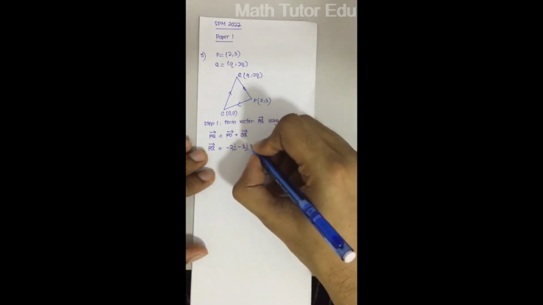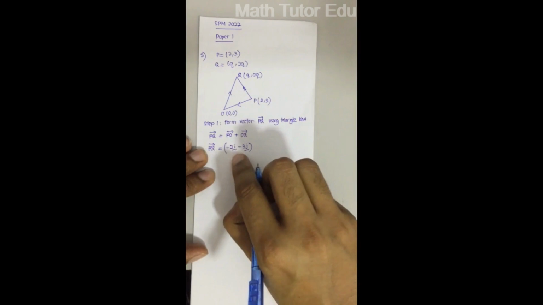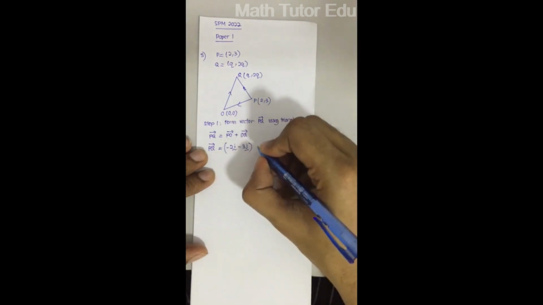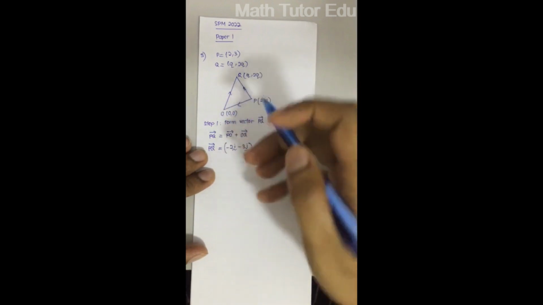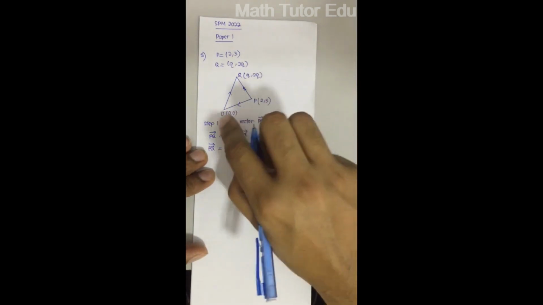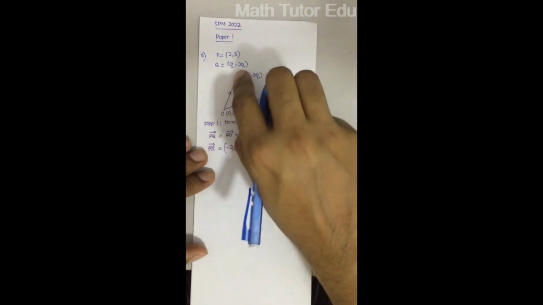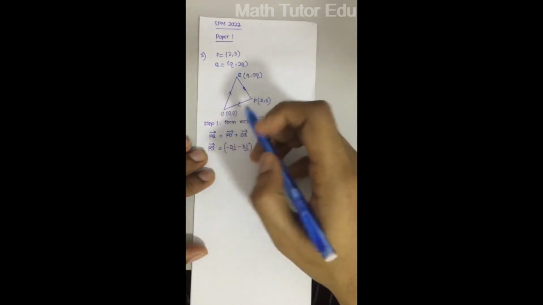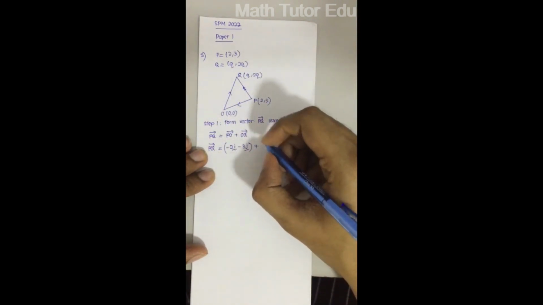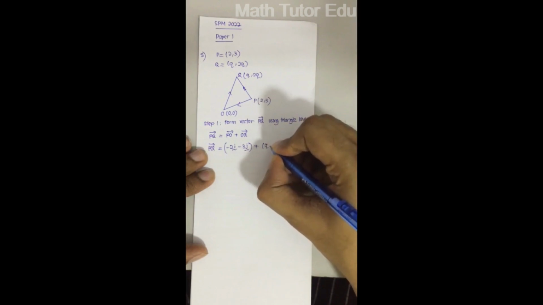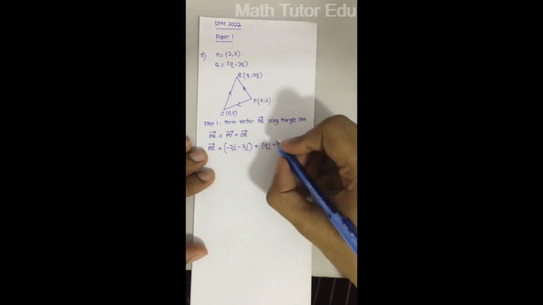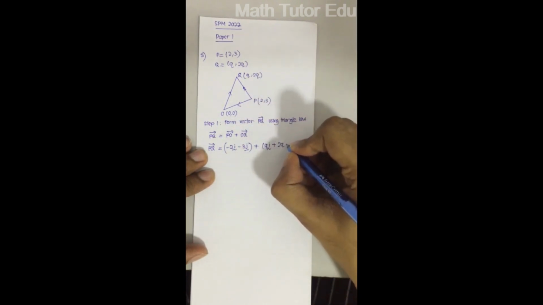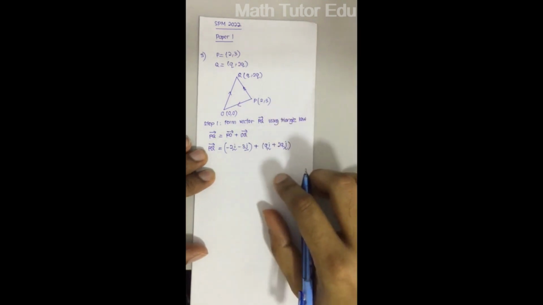So negative 2i minus 3j, plus vector OQ. Since point O is moving towards Q, you take Q minus O, so you get positive q i plus positive 2q j, and then close bracket.